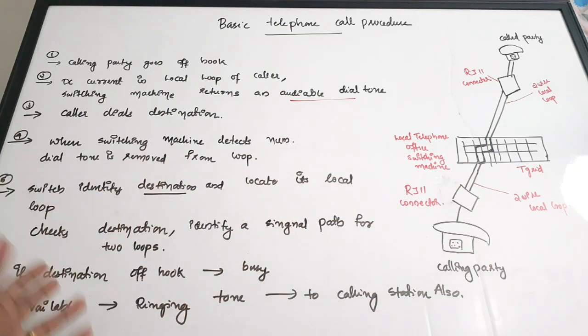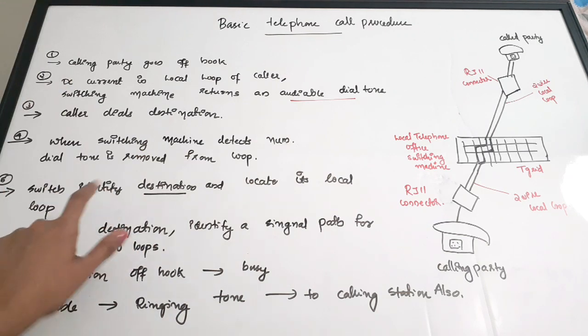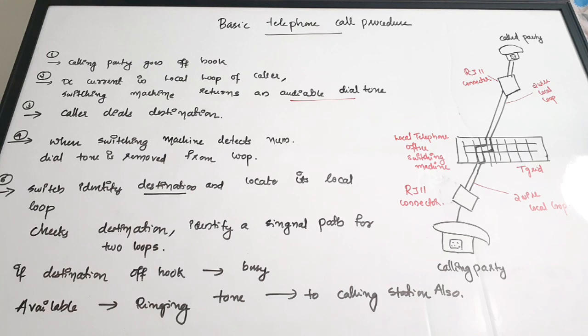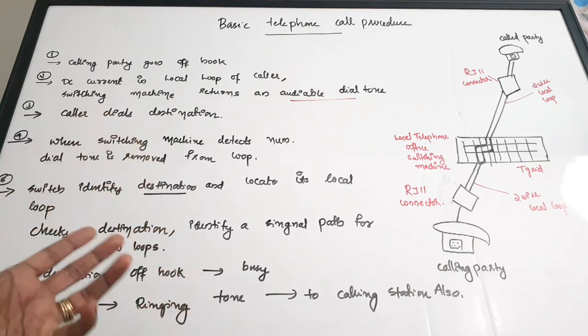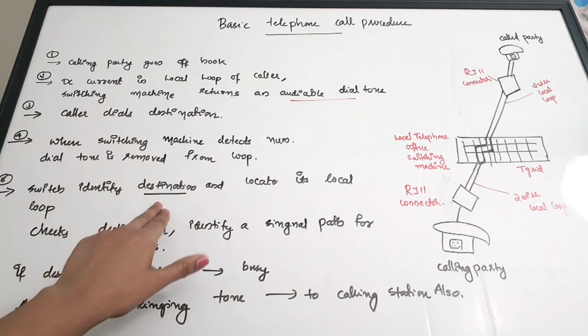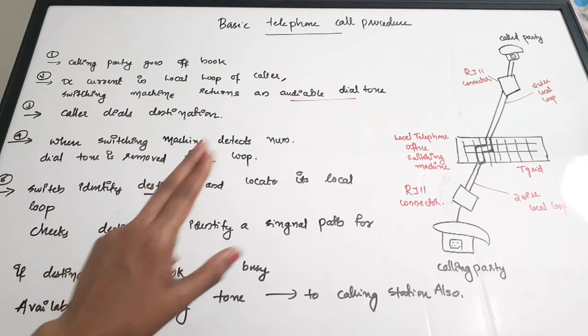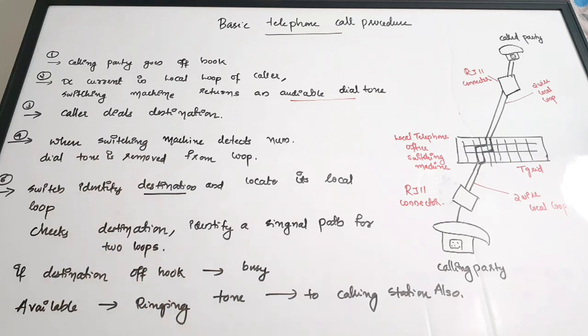Then the next step. In the fifth step, the switching machine will identify the telephone number of the destination and locate its local loop. So we have to have a connection with the called party.